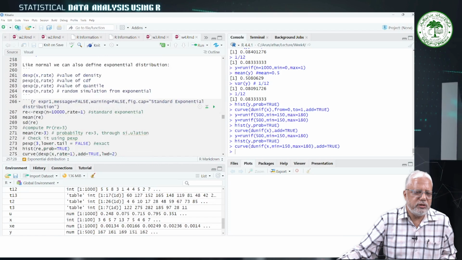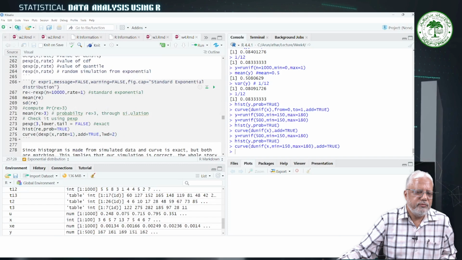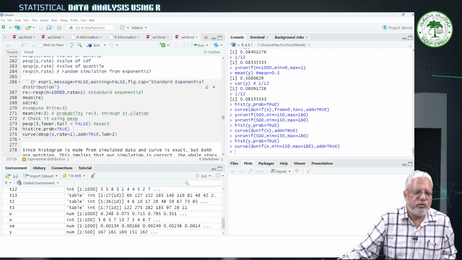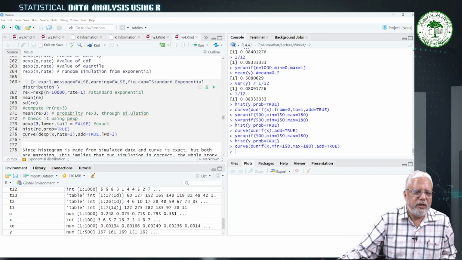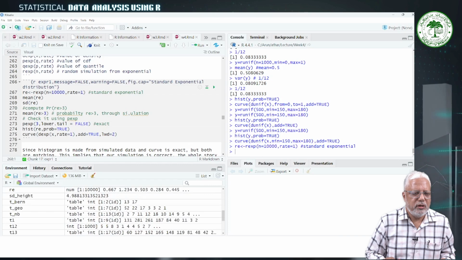So this logic works. For example, here re is an object and rexp means random simulation. How many simulations? 10,000 simulations with rate is equal to 1. So it will generate 10,000 values from exponential distribution.